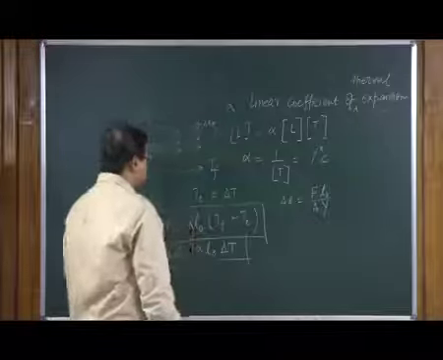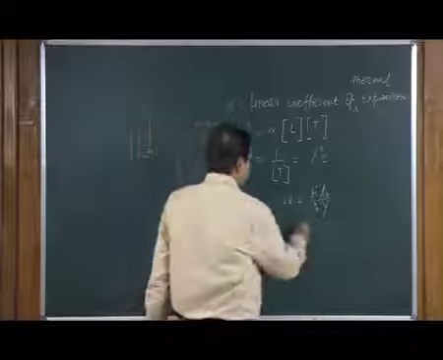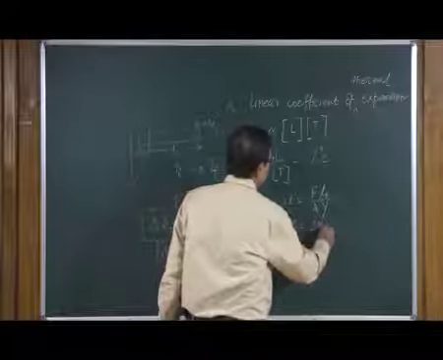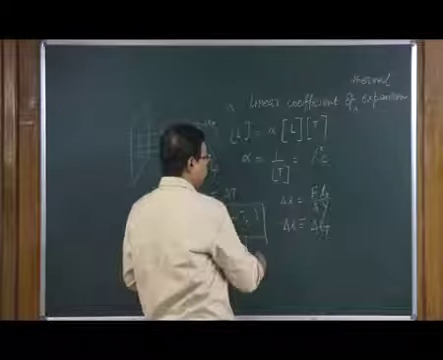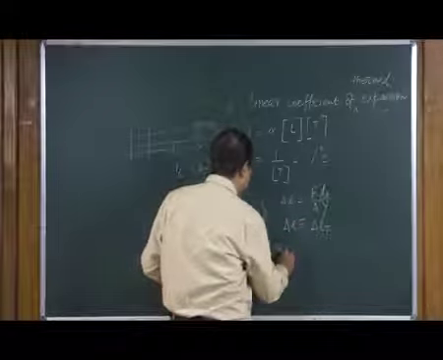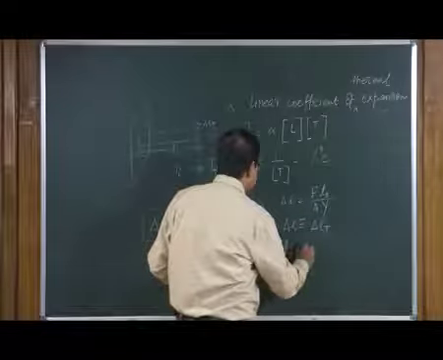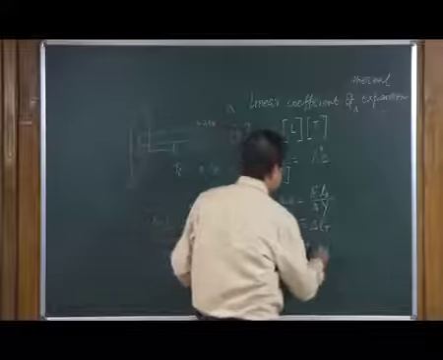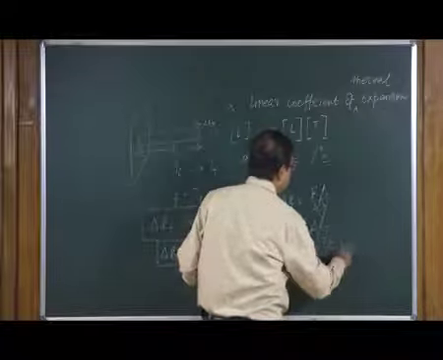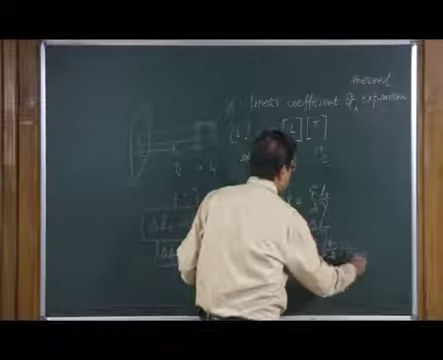If we equate delta L to delta L T, then we can equate the right hand sides as well, and write alpha L0 delta T equal to F by A and L0 y.